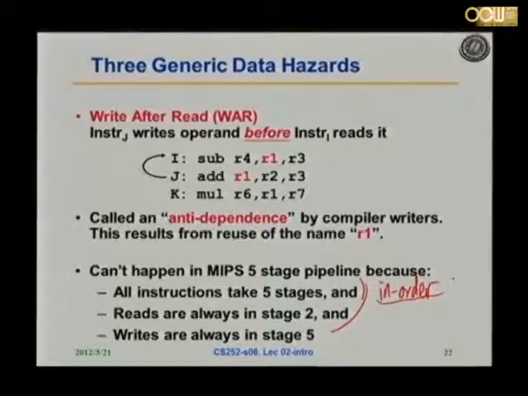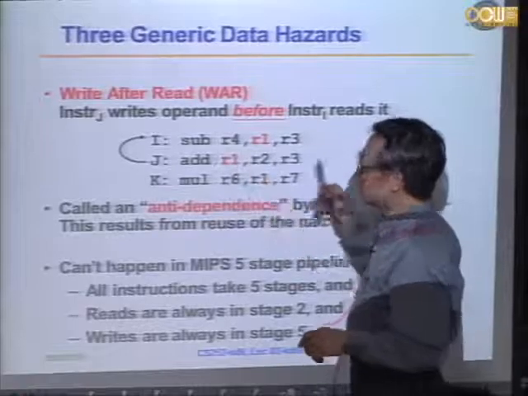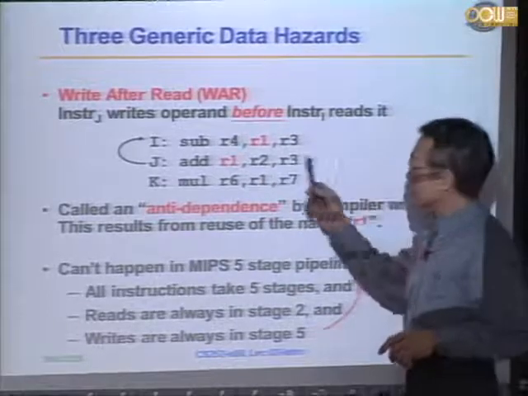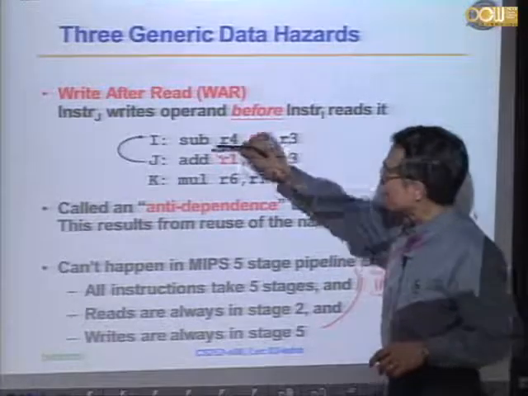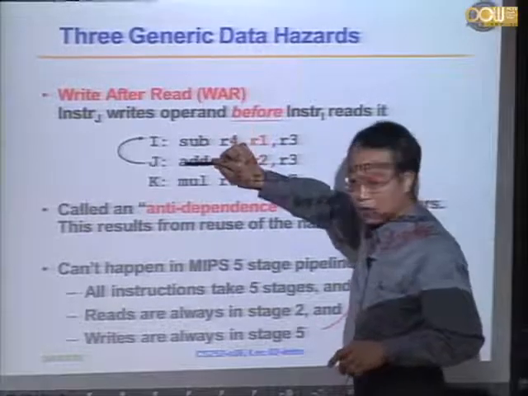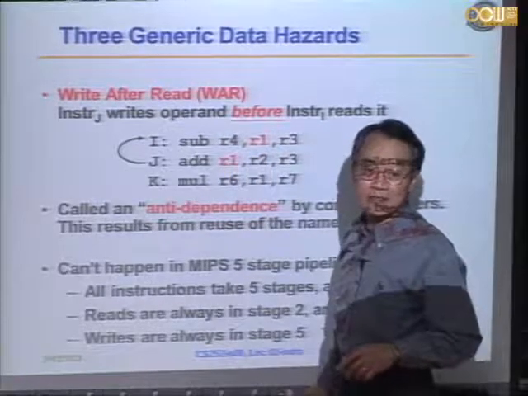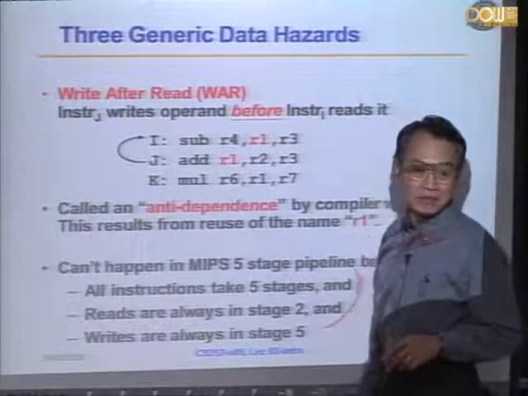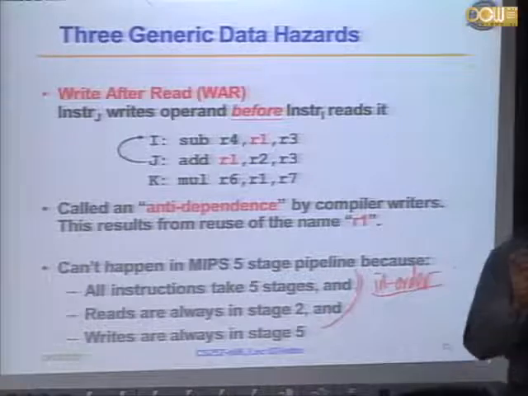If it's a single pipeline, only one pipeline. If it's in order, in other words, instructions must be executed in order, then the write will always occur at the fifth stage. The read always occurs at the second stage. Plus, this instruction is ahead of this instruction. Then anti-dependence will never be a problem. Will never occur. Okay? Got it?